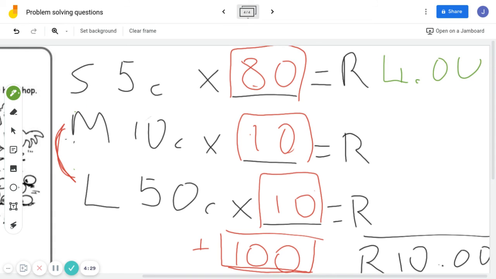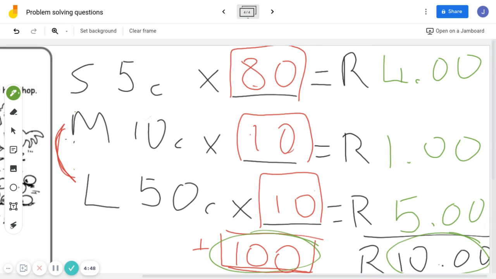Cool. 10 times 10 will give me 100 cents, which is 1 rand. And then 10 times 50 will give me 5. Is that right? If I add these up, 5 plus 1 is 6, plus 4, fantastic, that gives me 10 rand. So right here I have 10 rand, and there I have 100 eggs.